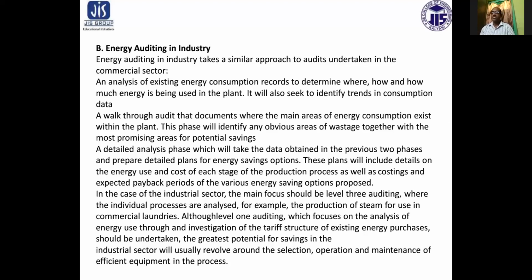The greatest potential for savings in the industrial sector will usually revolve around the selection, operation, and maintenance of the efficient equipment in the process.